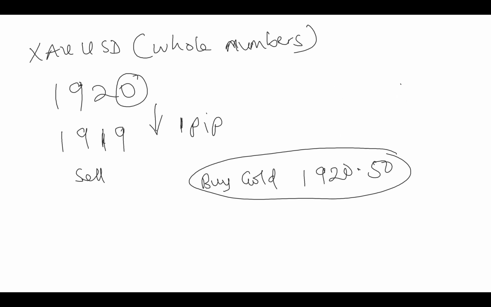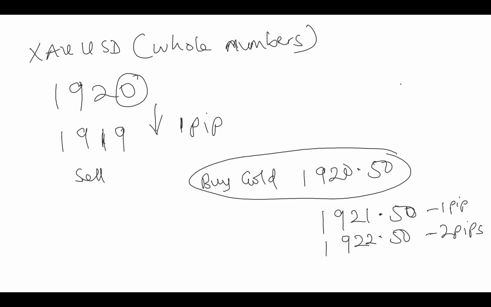If it increases to 1921.50, this is still 1 pip. If you get 1921 or 1922.50, this is 2. The decimal shouldn't confuse you. Do you guys understand?